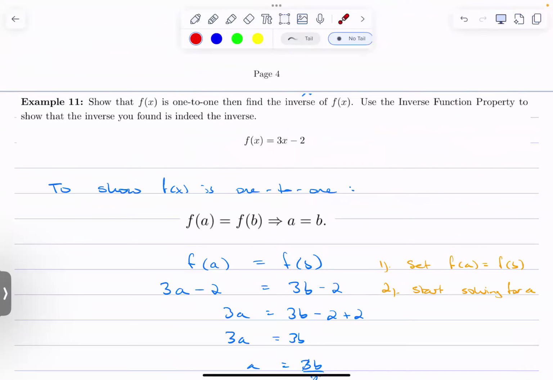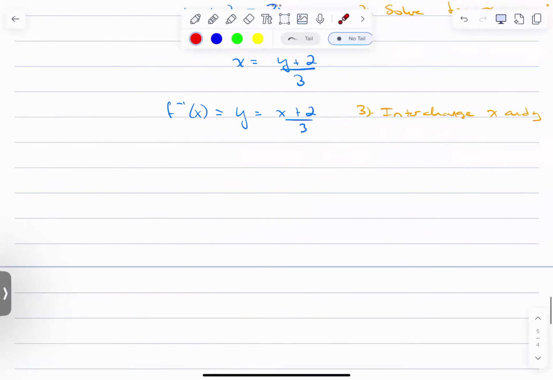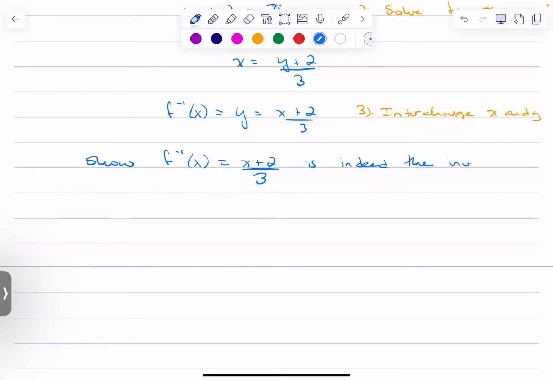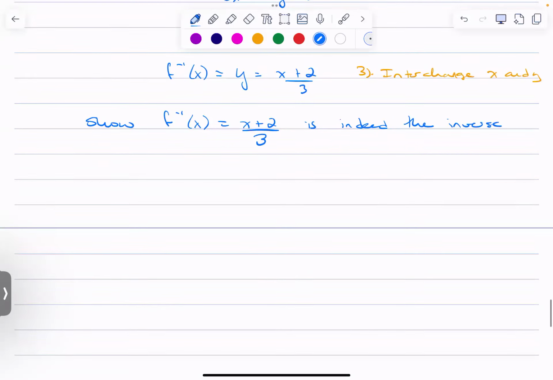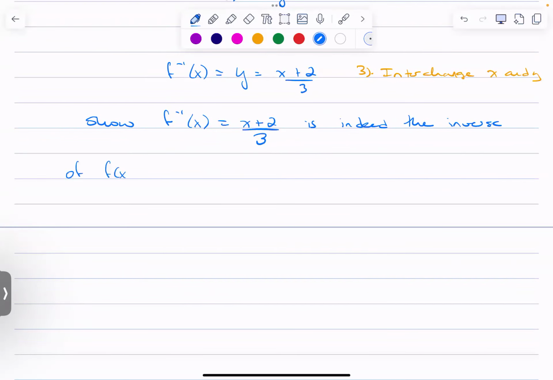Use the inverse function property to show that the inverse you found is indeed the inverse. Show f inverse of x equal to x plus 2 over 3 is indeed the inverse of f of x equal to 3x minus 2.